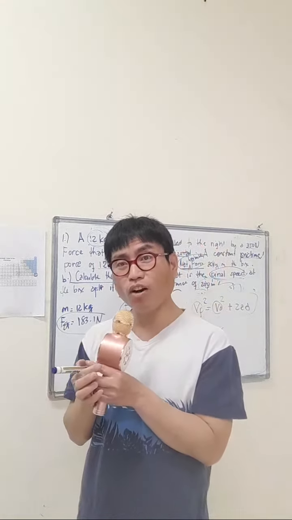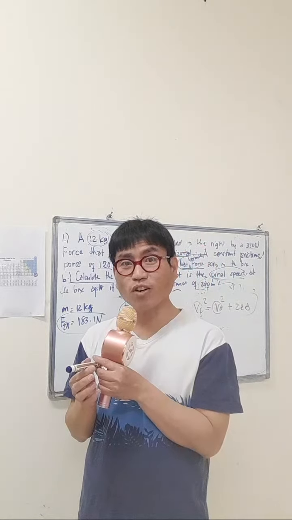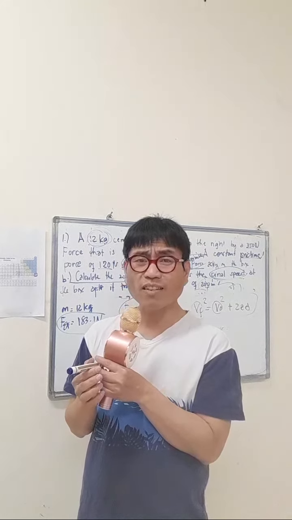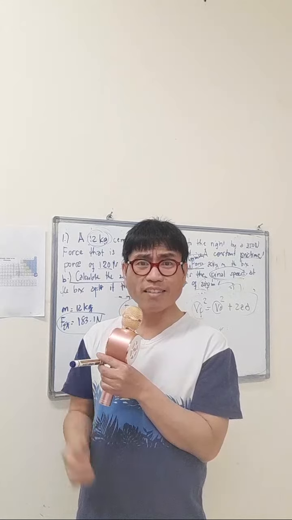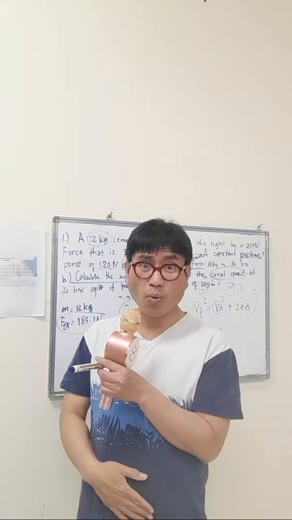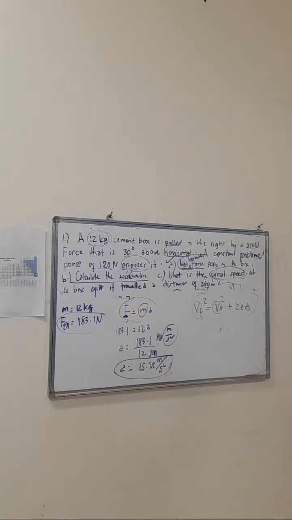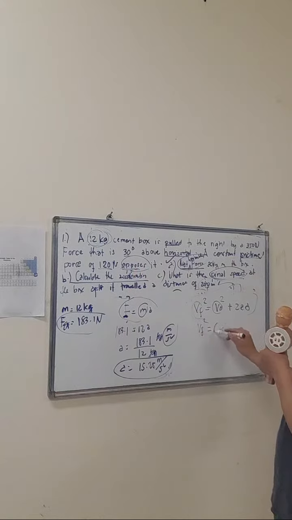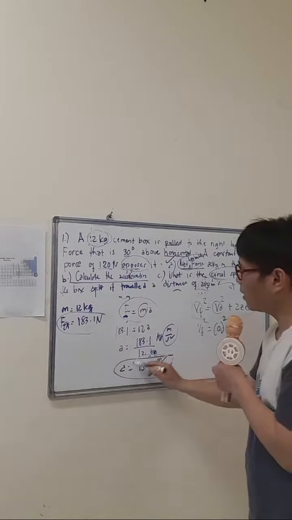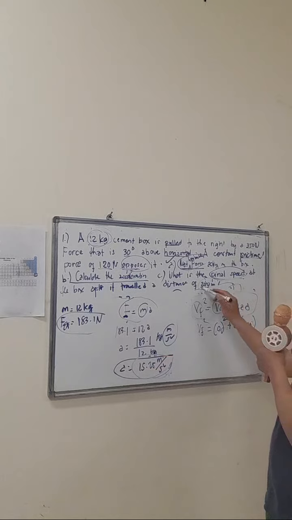Because in the formula of potential energy, it matters also the acceleration due to gravity, and when you account for that, it accounts also for the velocity. You get the point? And the velocity is 0, because it's not moving yet at the start. So, Vf squared is equal to 0 raised to the power 2 plus 2 times the acceleration we already got, 15.25, and the distance is 200 meters, given.